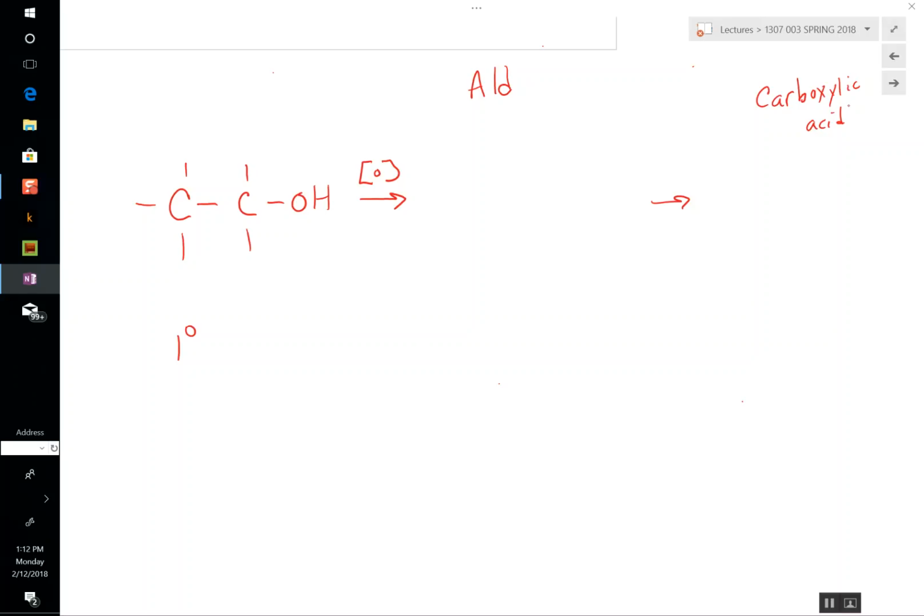I'm not holding you accountable for the names of these aldehydes and carboxylic acids yet. Be sure to count the number of bonds around every carbon, particularly where you put that carbon-oxygen double bond. Pay attention to how many hydrogens would be on that carbon.